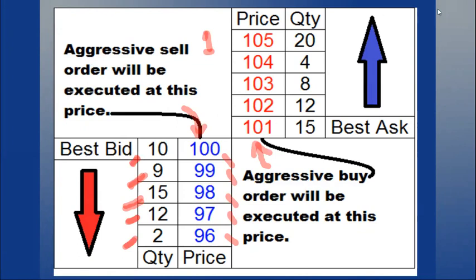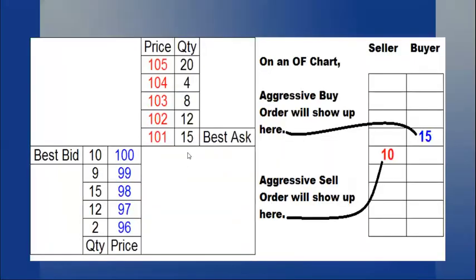Now let us see what happens if we get a buy or a sell order in the market. The same window is here, the prior chart, and see, if an aggressive buy order comes, then he has to buy at 101 minimum, and there are 15 units or shares to sell at this price. So if an aggressive buyer comes in and buys all these 15 shares, he will show up here.